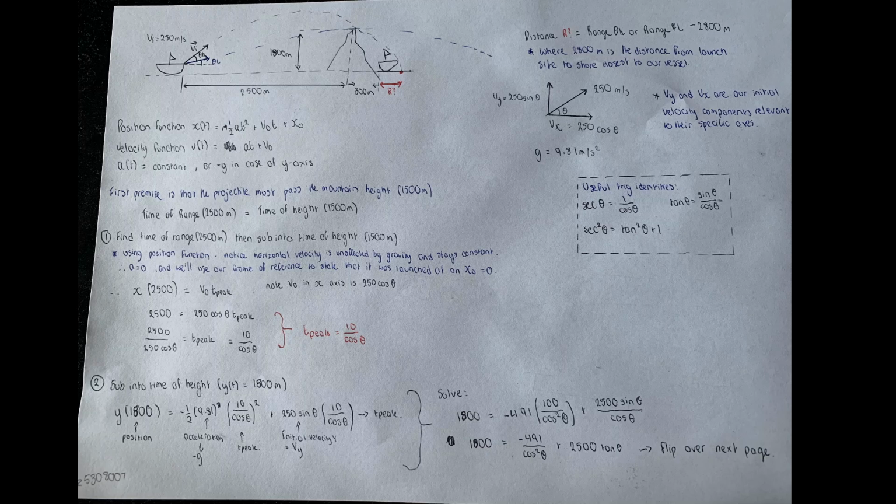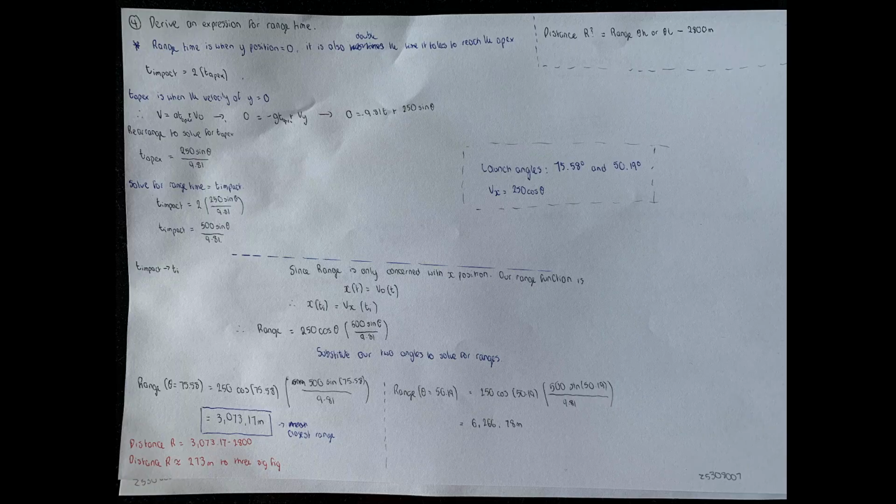Therefore, our closest range here is the one given by 3,000 meters, or roughly 3,000 and something meters. Now, if we go back to the other image, we can see that to solve for distance r, we take the difference between the range of this angle here, taken away by 2,800, which, if you subtract from each other, gives you an approximate value of 273 meters to three significant figures.